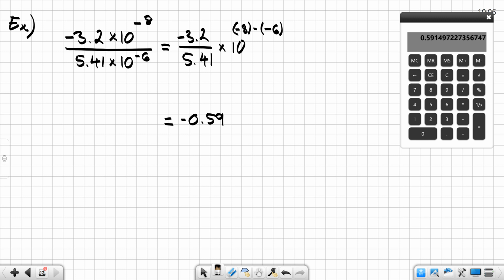We're just going to leave it with the hundredths times 10 raised to the, what happens with the exponents? Well, this is going to be a negative 8 plus 6. So I have a negative 0.59 times 10 raised to the negative second. All right.